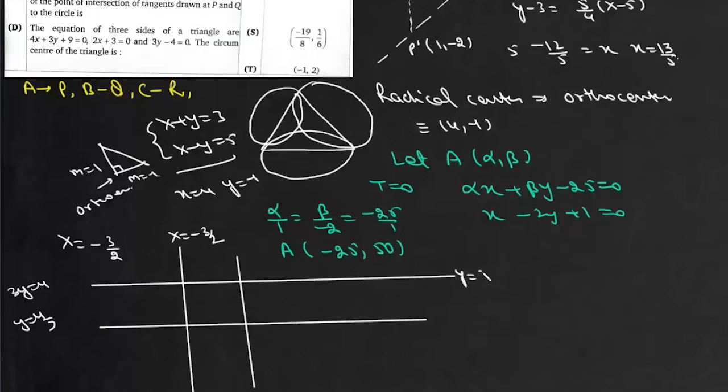So this is x and this is y. So essentially it's a right angle triangle. And then this third line is 4x plus 3y plus 9.